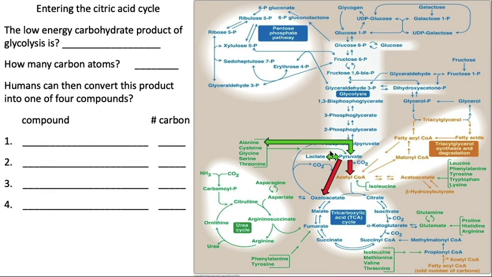So pyruvate can be converted to alanine with a simple reaction. Pyruvate can be used to make acetyl coenzyme A. Pyruvate can be converted to lactate, and pyruvate can be converted into oxaloacetate.